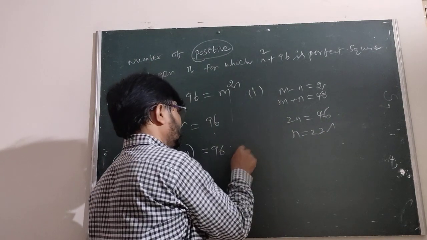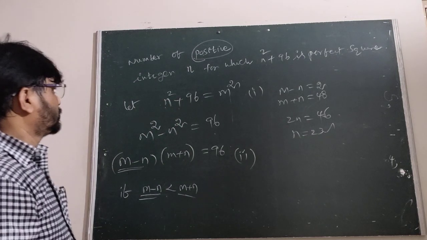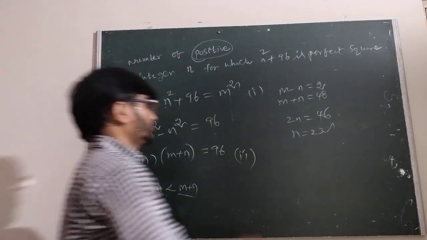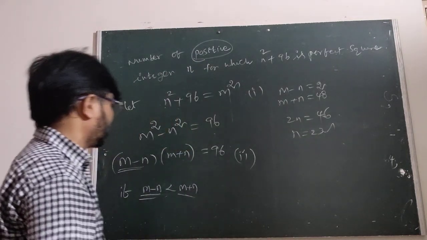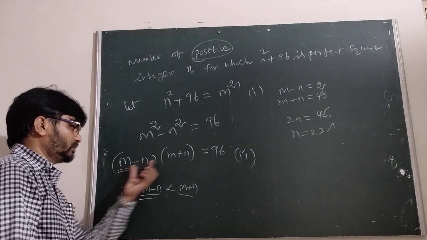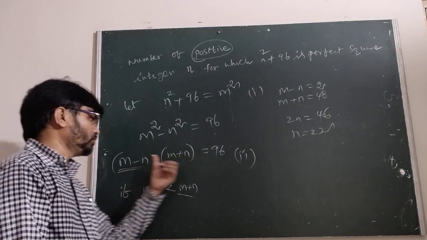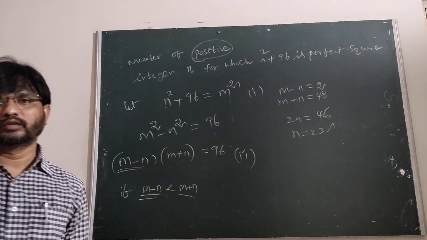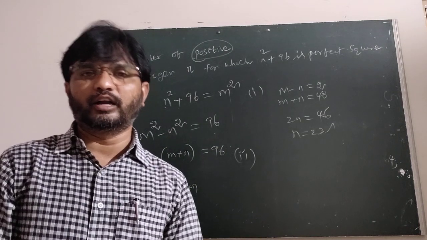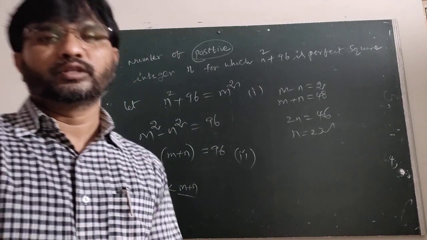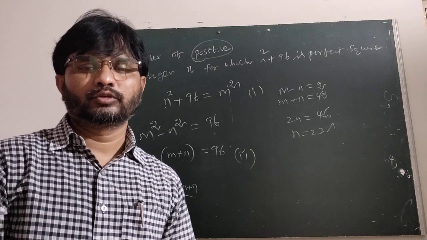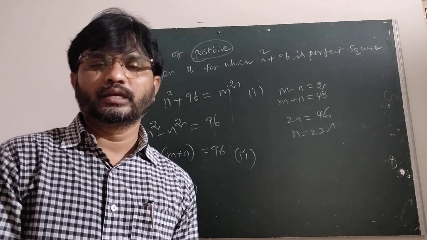Another case: even into even is an even number, but if one of them is odd, the product is even too, like 1 into 3, 3 into 5, odd into odd is also odd.